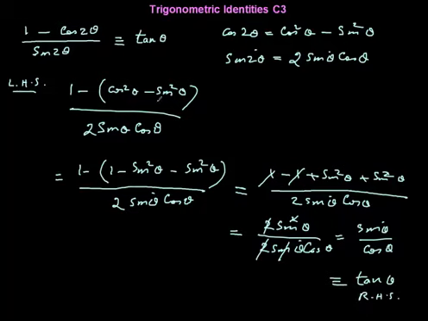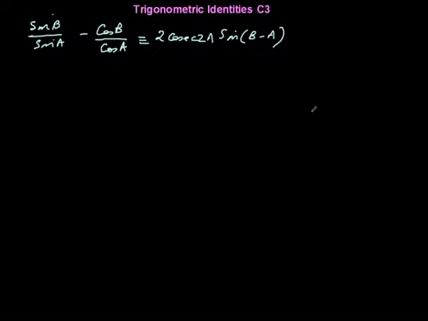So in this identity we used both double angle formulas. If I go on to my third question for this video, I've got sine of b over sine of a minus cos of b over cos of a, and we need to prove it equal to 2 cosec 2a sine of b minus a. Now I've got different denominators here, so to make the denominators equal I need to multiply the first fraction by cos of a.